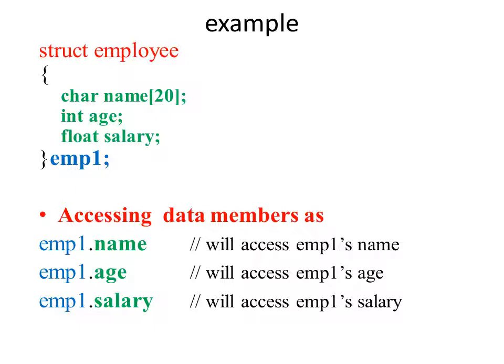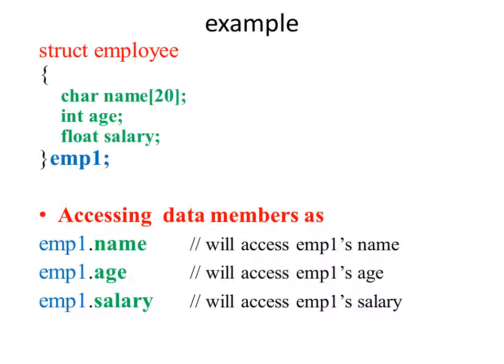So I will group all these variables: the name, the age having data type integer, and the third one is salary whose data type is float. So employee is the structure making the group of one character variable, one integer variable and one float variable. Then it is terminated with a closing bracket, and after that I declare one variable.